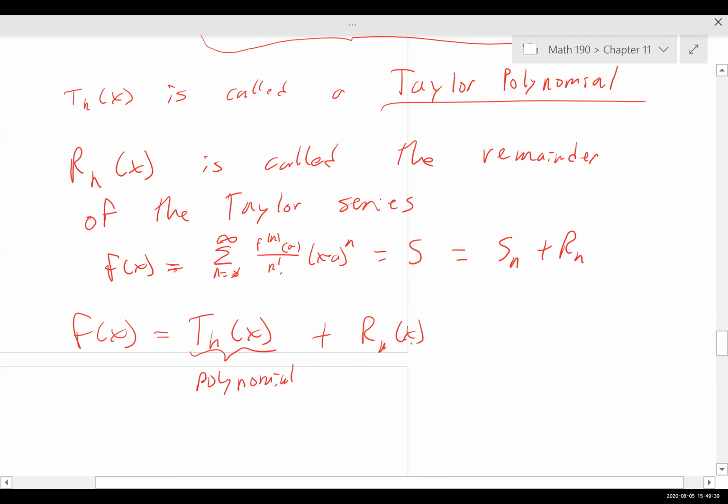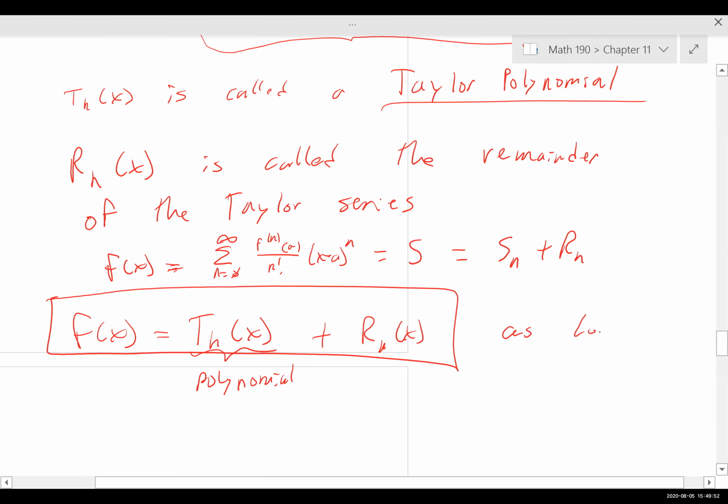This holds as long as the remainder gets smaller and smaller, as long as the limit as n goes to infinity of R sub n of x is equal to 0.